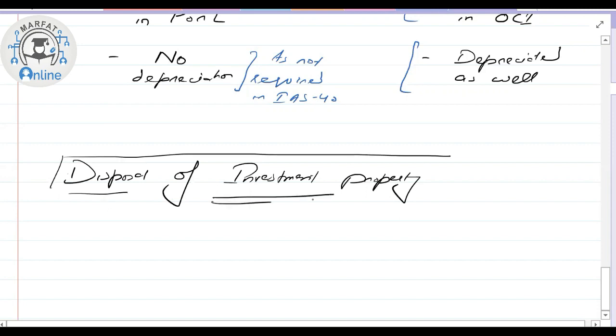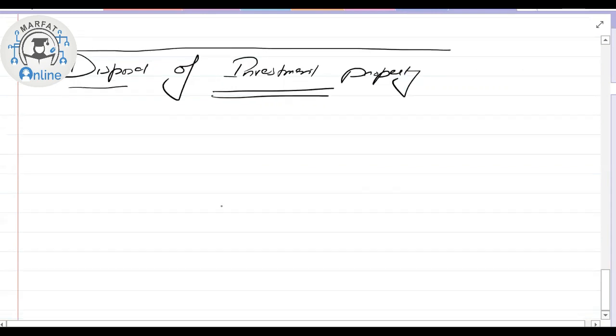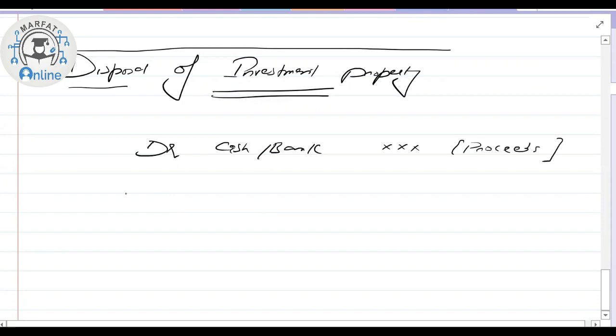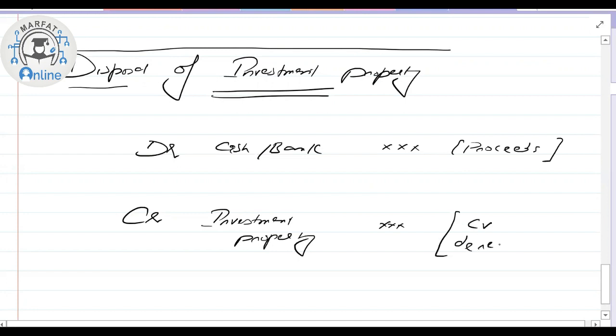Now this is quite simple. When it is disposed, debit cash or bank. This is the proceeds, the amount they got, and credit investment property. This is the carrying value, derecognized.